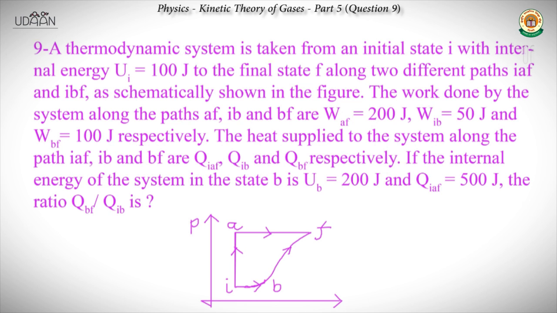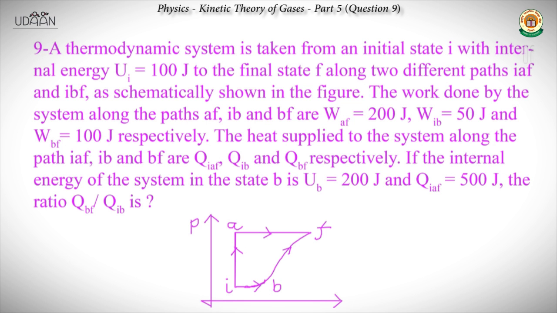Let's take a look at the ninth question now. A thermodynamic system is taken from an initial state I with internal energy Ui equals 100 joules to the final state F along two different paths IAF and IBF as schematically shown in the figure. The work done by the system along the paths AF, IB and BF are denoted by WAF, which is 200 joules, WIB, which is 50 joules, and WBF, which is 100 joules respectively.